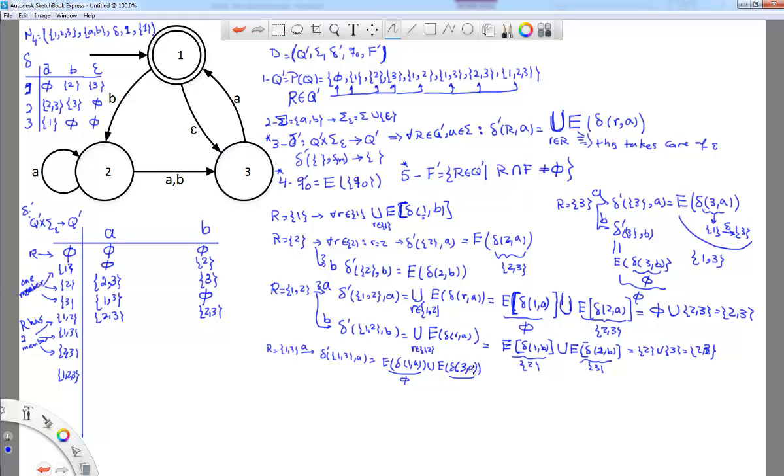Delta of 3 and A. So delta of 3 and A is 1, 3. Set 1, 3. So this guy is going to go to set 1, 3.